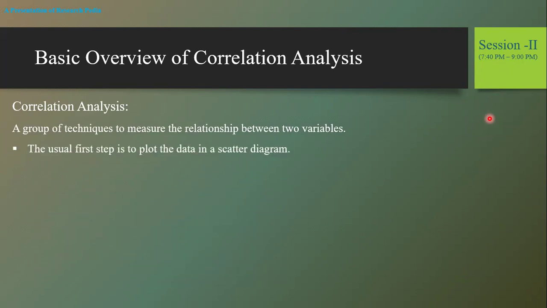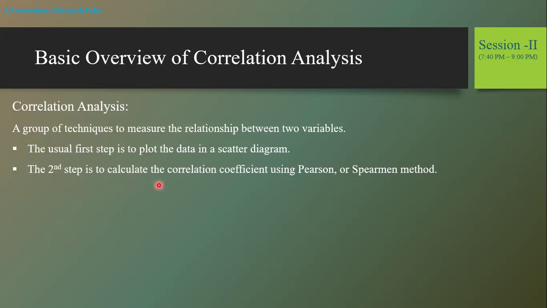The usual first step is to plot the data in a scatter diagram, as I have told you right now. You need to check whether it is a positive relationship, a negative relationship, or there is no relationship between the variables. So the scatter diagram will let you know about the direction.